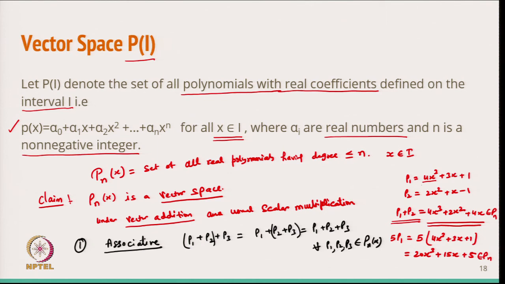This is true because we can verify that it does not matter whether we add P1, P2 first and then P3, or P2, P3 first and then P1. This we can verify by taking 3 different polynomials of degree less than or equal to n, and because the coefficients are real, the same powers of x will be added.